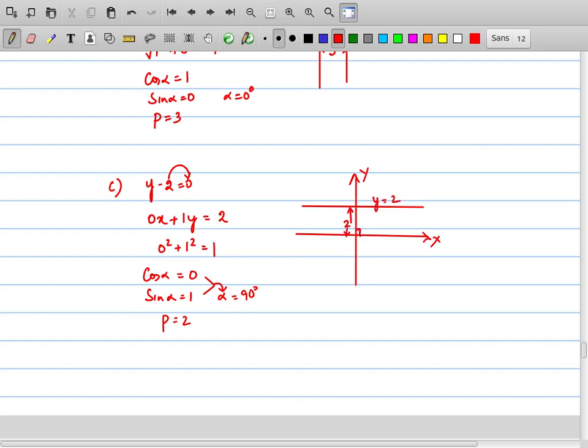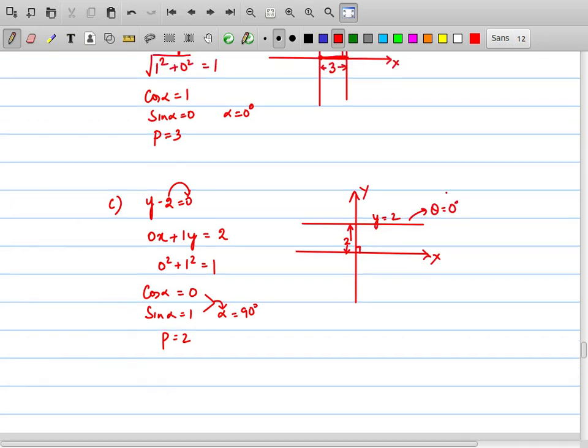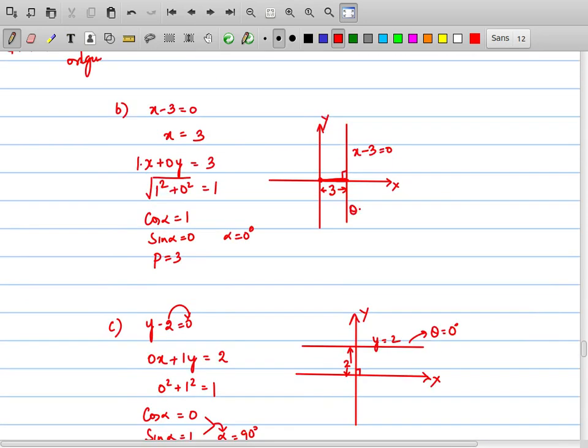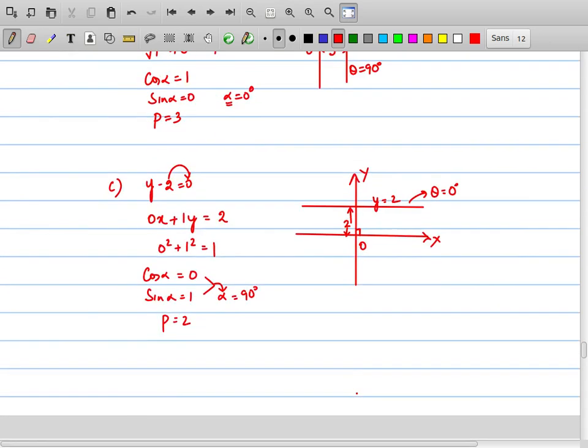This perpendicular is making an angle of 90 degree with the x-axis. Your line is making an angle of 0 degree. The slope of your line will be 0. In the previous case, the inclination of your line was 90 degree. Alpha is the inclination of the perpendicular from the origin to your line. I hope you have understood the questions.